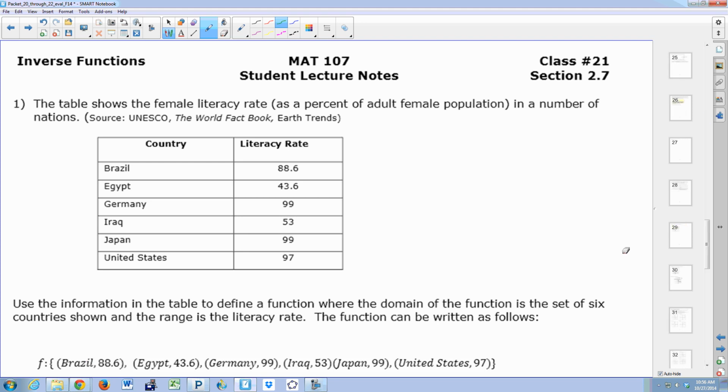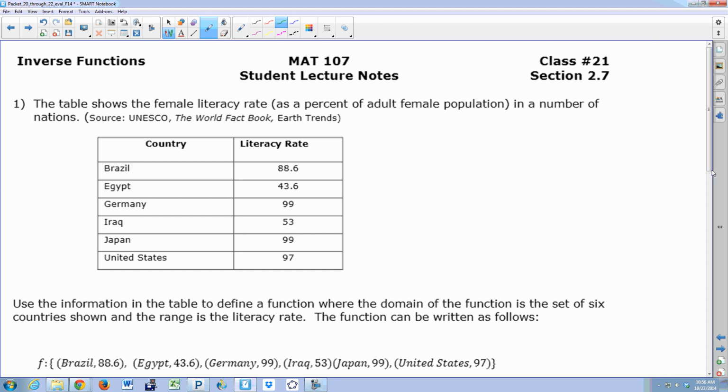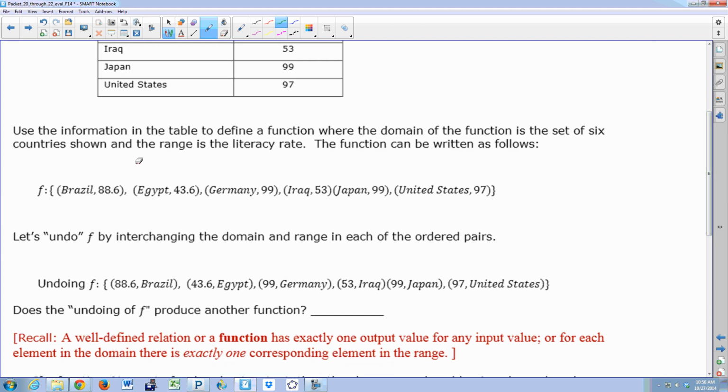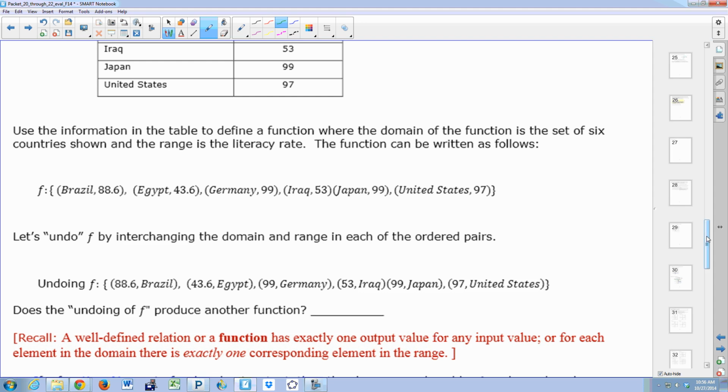But when we interchanged the inputs and outputs, we realized we did not get a function. We only got a relation because 99 went to Germany, and then 99 was also associated with Japan. We know that for every input, we can have one and only one output. So this is called a relation. It was not a function. So that's what we're referring to as a recall on this page right here.